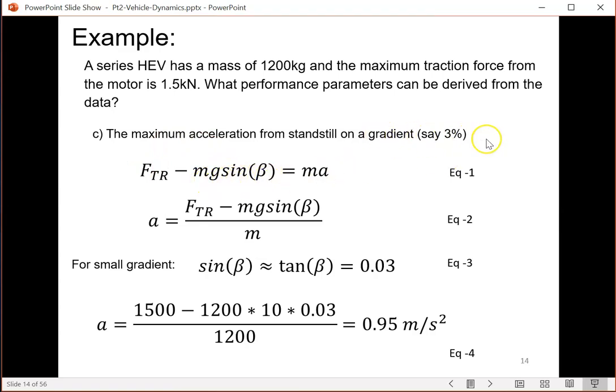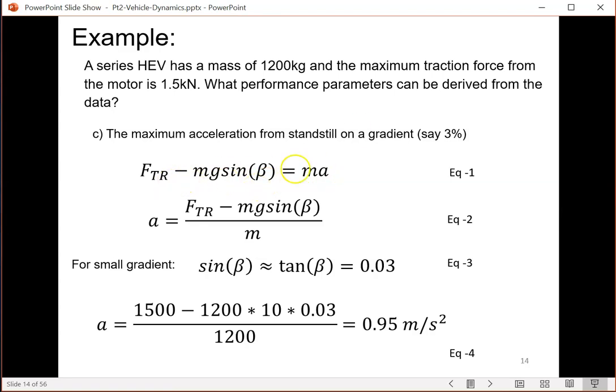Let's say the gradient is 3%. Now it's small enough, so tangent beta is approximately the same as sine beta. So this 3% is tangent beta, and I'm going to use 0.03 for the sine beta as well because it is close enough.